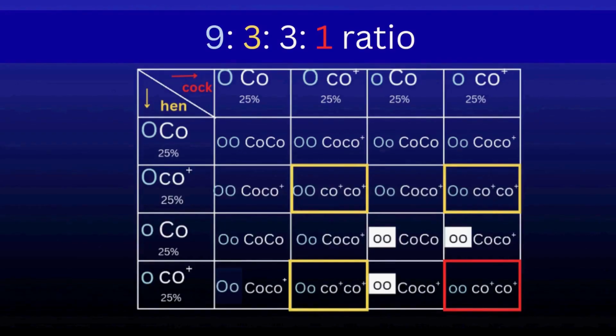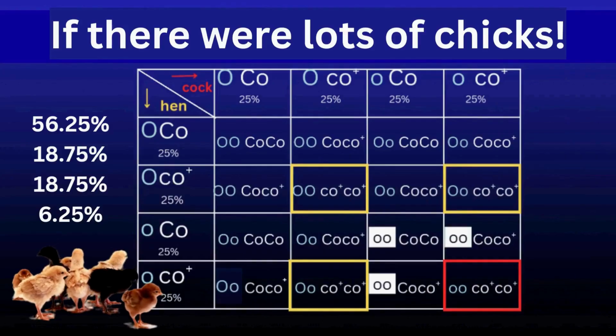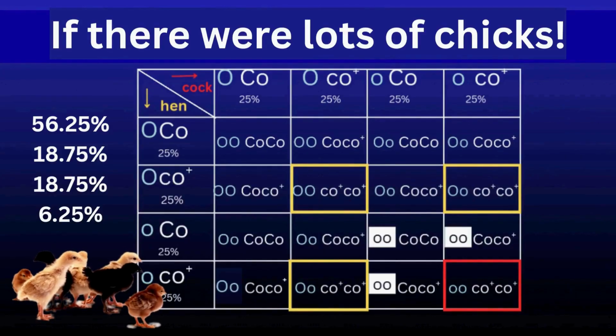There is one other way of thinking about this, depending on how you think about things, and that's to consider what could happen when lots of similar dihybrid crosses were made. Then 56.25% of the chicks might exhibit the dominant phenotype at both loci. 18.75% would show each of the mixes, that is, one dominant and one recessive phenotype, while just 6.25% would show both recessive phenotypes.